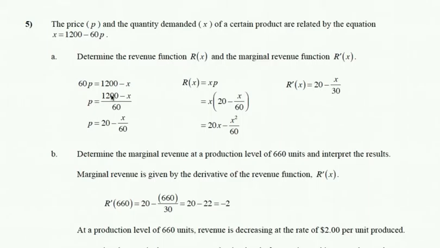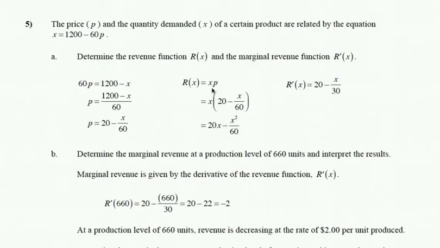Now I've split this quotient into two terms by placing the 1200 over the denominator, 60. 1200 divided by 60 is 20. And the negative x over 60, and so that's this term, minus x over 60.